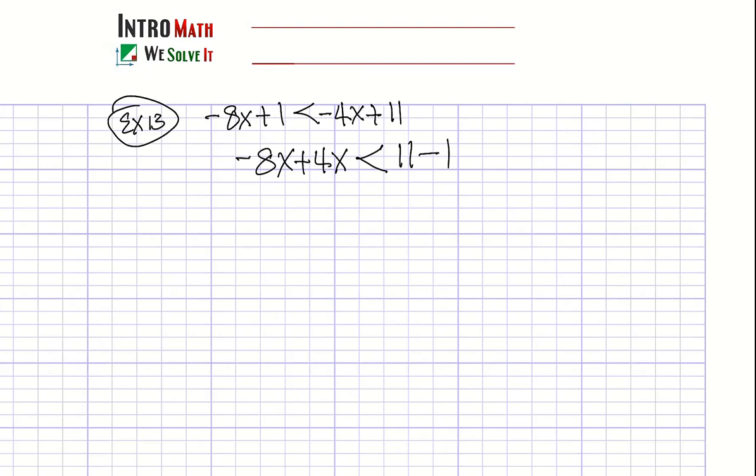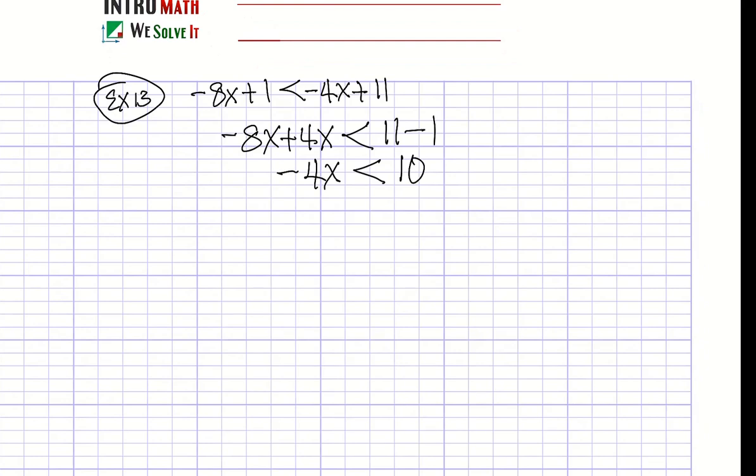You simplify, and what do you get? Negative 4x less than 10, okay? Now if you divide by a negative number, it reverses the sign of the inequality. Just make sure you keep that in mind. So once you do that, you divide both sides by negative 4 to get rid of the negative 4 on the left.